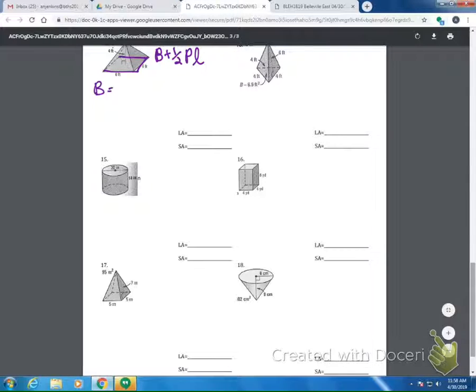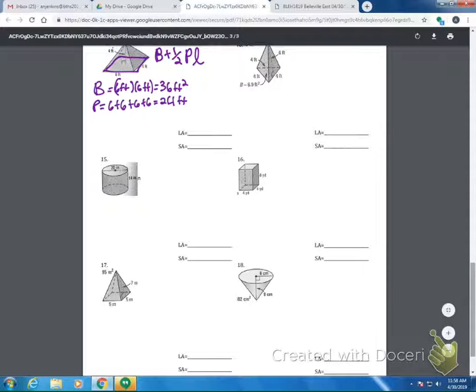So your base is going to be that. 6 feet times 6 feet, which is 36 feet squared. Nice job. Okay, and then I'll have you do your perimeter. What's the perimeter of that shape? 24. Yep, 6 plus 6 plus 6 plus 6, which gives you 24 feet.